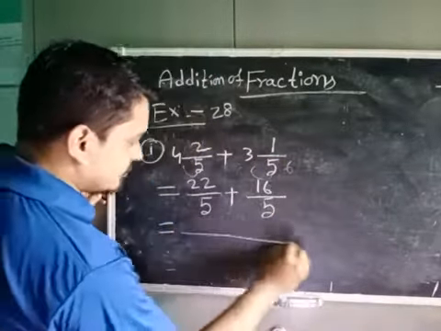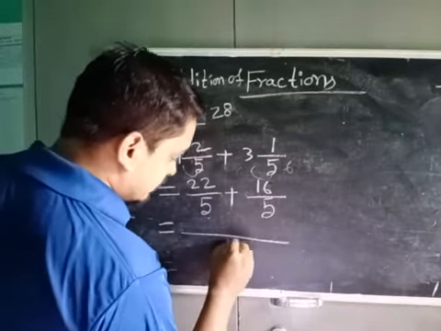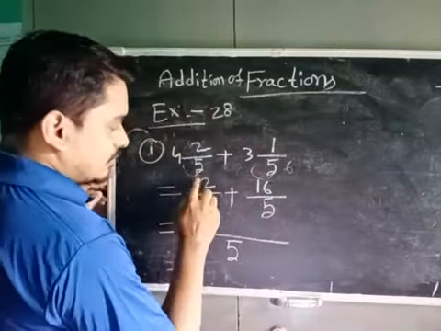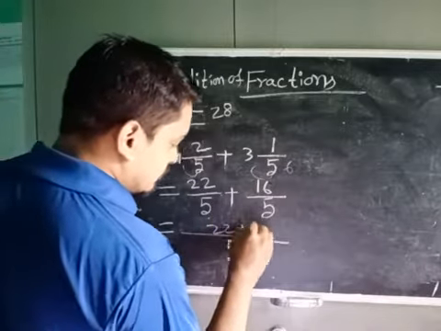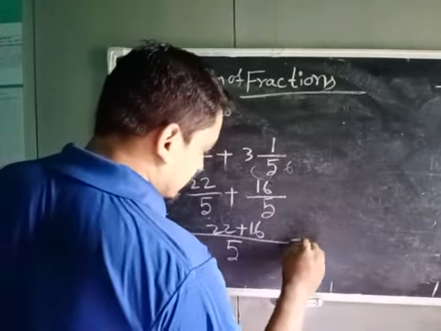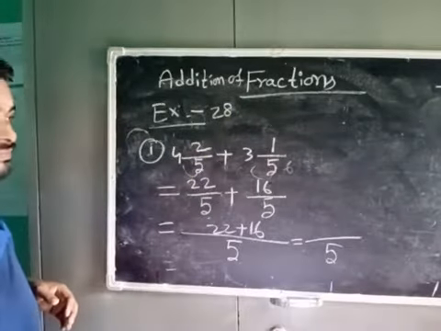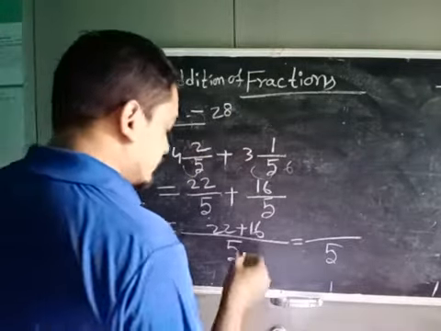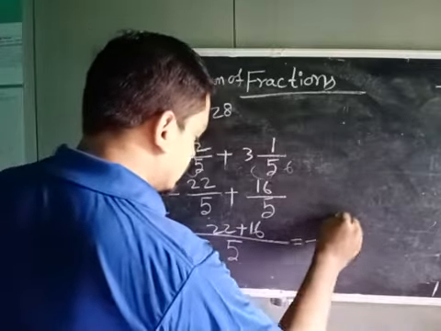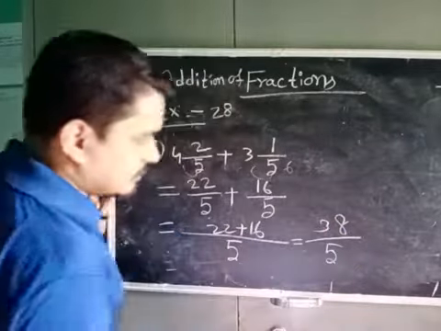So now you see we have the same denominator. So here we will write 5 and then 22 plus 16 equals what we have. For like fractions, we do not need to find the LCM. So if we add, 38 by 5.